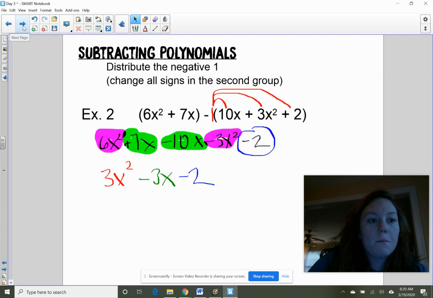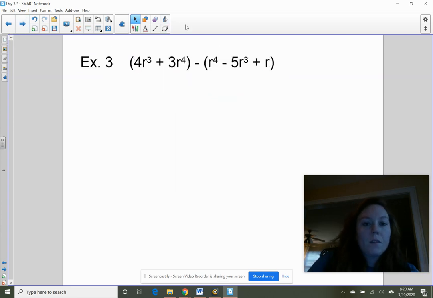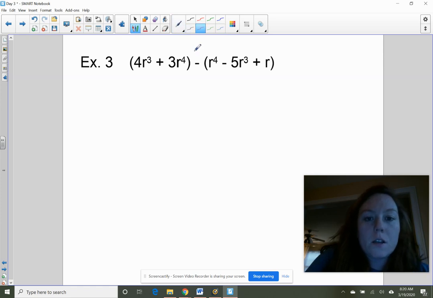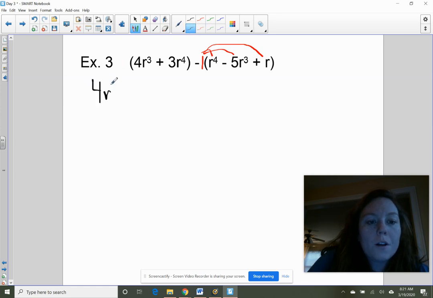Okay, let's do another example. Okay, this one. All right, so you have to put your imaginary negative 1 right there, and we're going to distribute. So my problem is going to be 4r cubed plus 3r to the 4th.